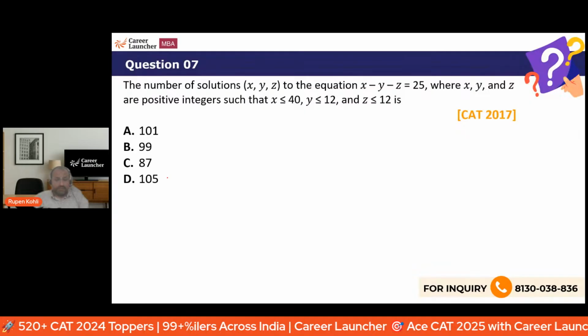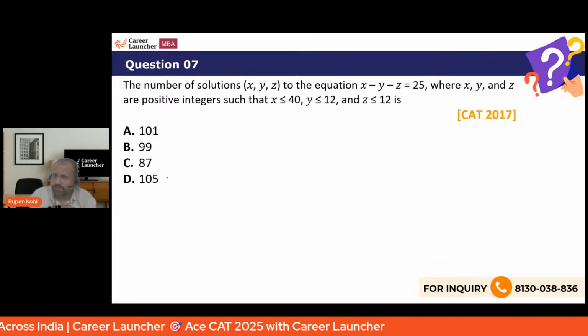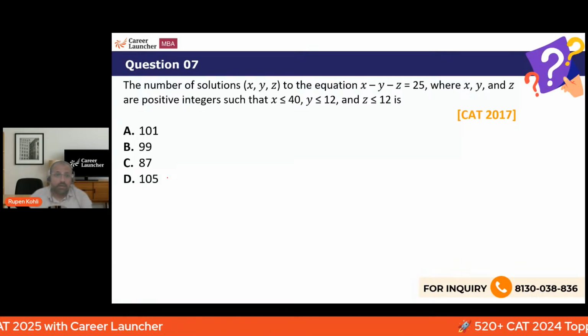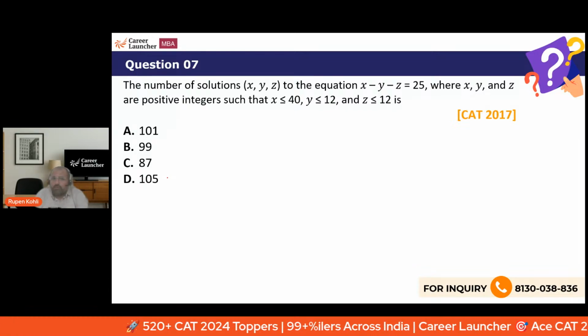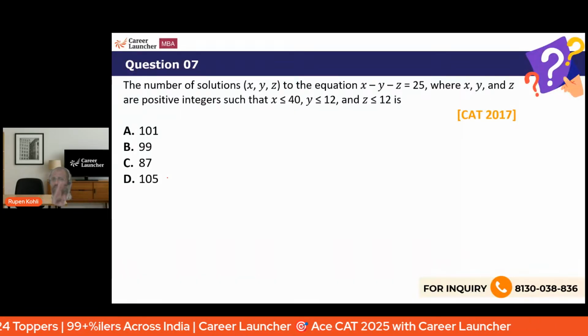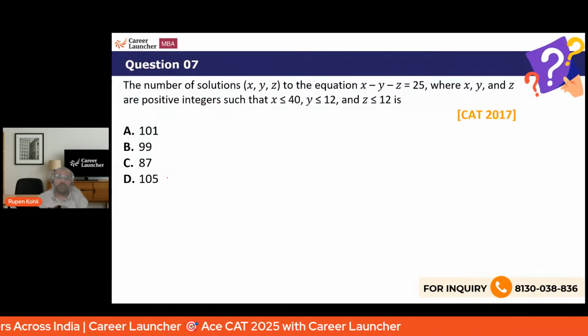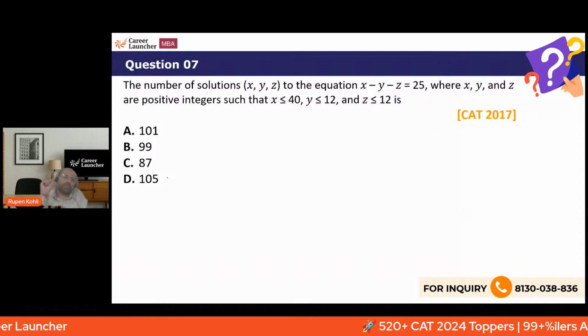Now, CAT 2017, again a completely variable-based problem. The number of solutions xyz means he's asking for the combinations of triplets of the values of the three variables xyz to the equation x minus y minus z equals 25, where x, y, and z are positive integers, such that x is less than or equal to 40, y is less than or equal to 12, z is less than or equal to 12.